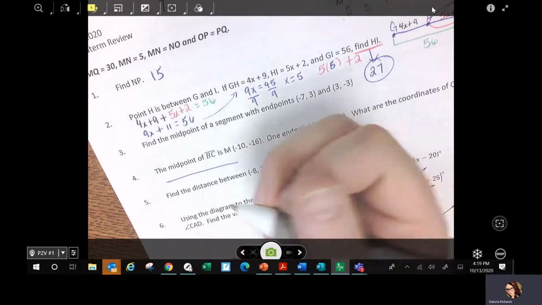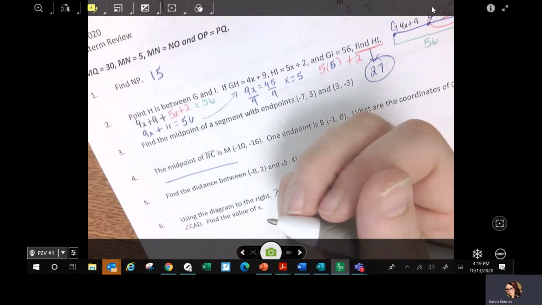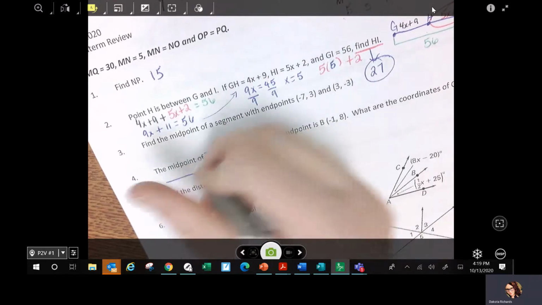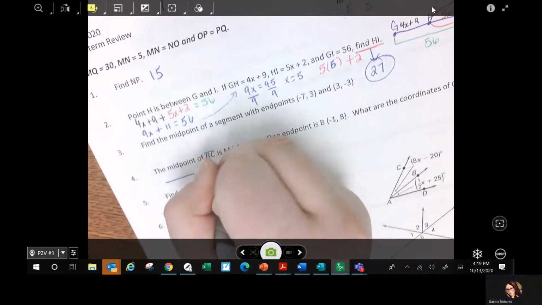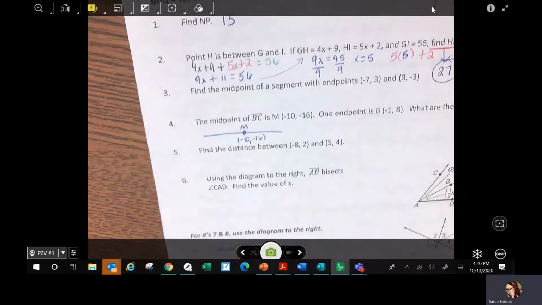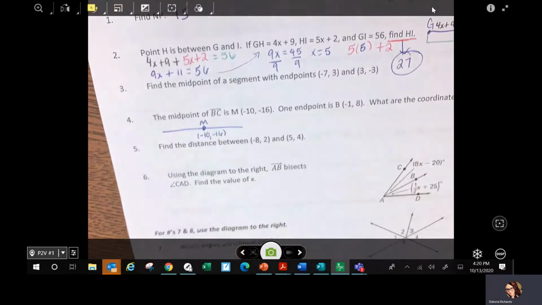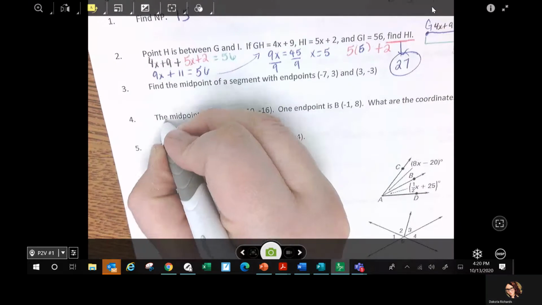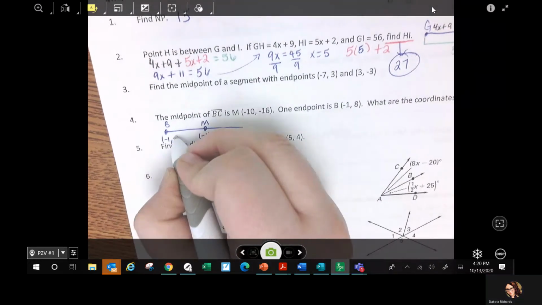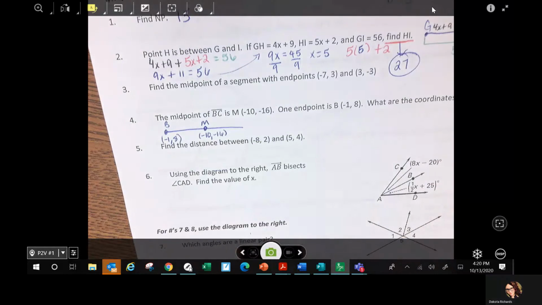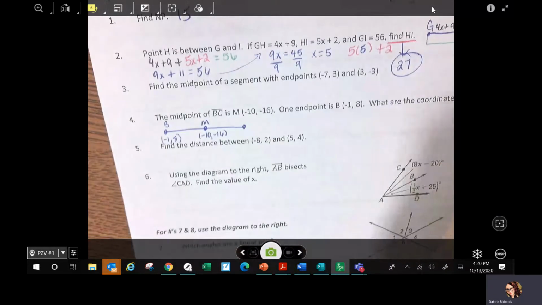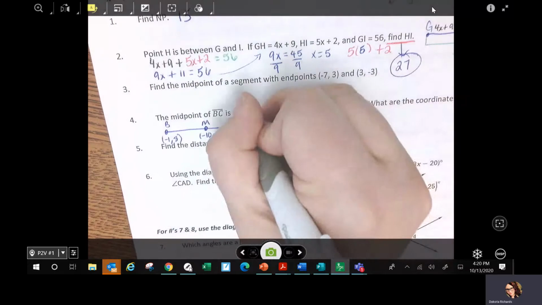So we have the midpoint of BC is M, and M is at -10, -16. One endpoint B is at -1, 8. You need to find the other endpoint, which is C.